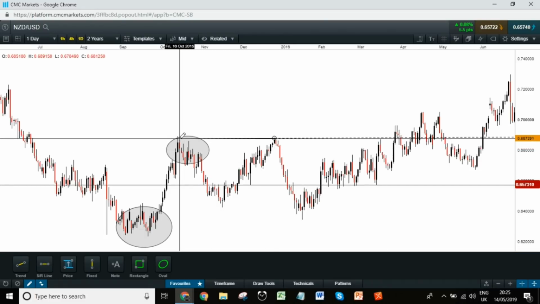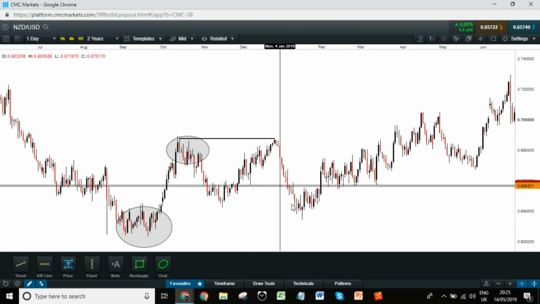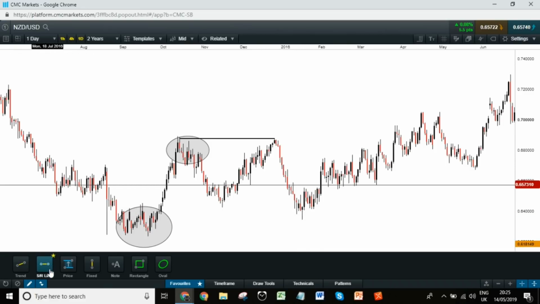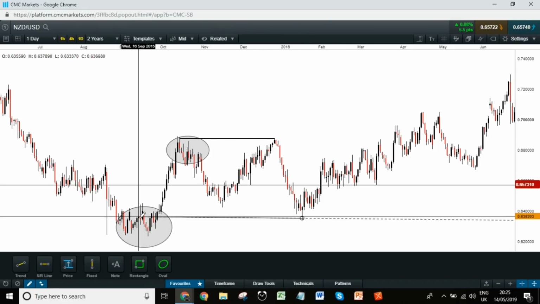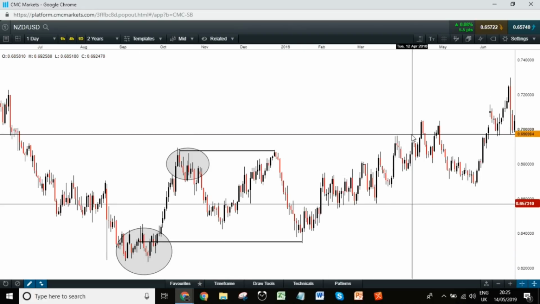So there. Boom, the market comes back into that area, drops, and then drops down back into this area of demand. And we can see the market then continues to rally.